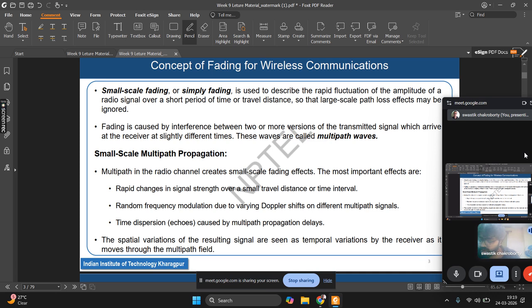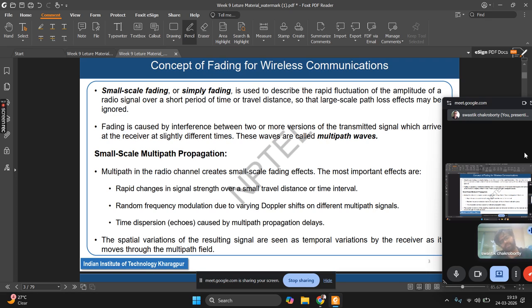But even in that small path, even if there is no large scale fading, what you get is small scale fading. Small scale fading is usually called fading. Large scale fading is usually called attenuation. So small scale fading, or simply fading, happens because of the rapid fluctuation of amplitude over a short period of time or travel distance.